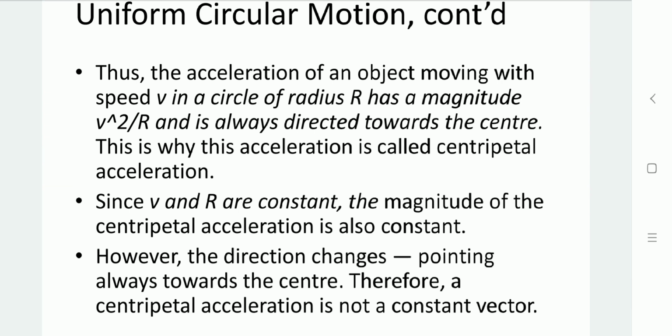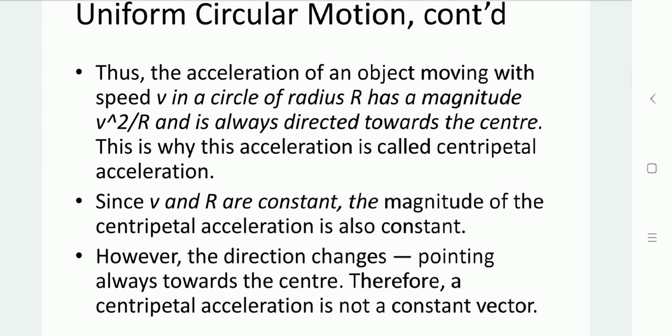Its magnitude is v square by r, and it is directed towards the center. That's why this acceleration is known as centripetal acceleration. V and r are constant, so the magnitude of the acceleration also remains constant, because v is taken as the magnitude of the velocity.